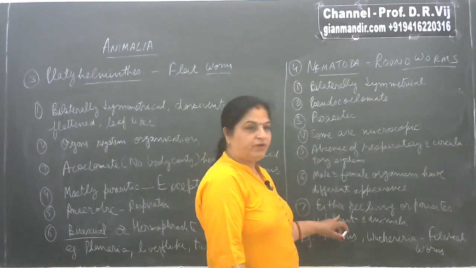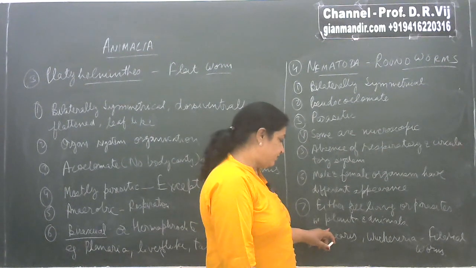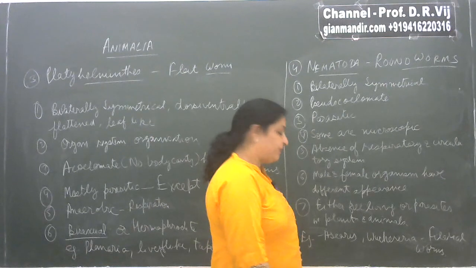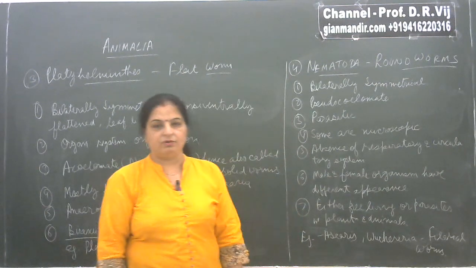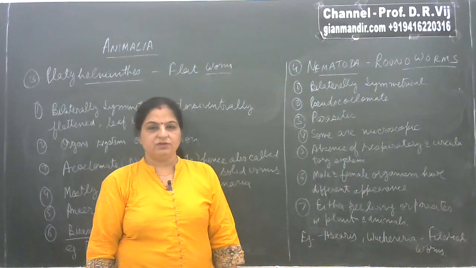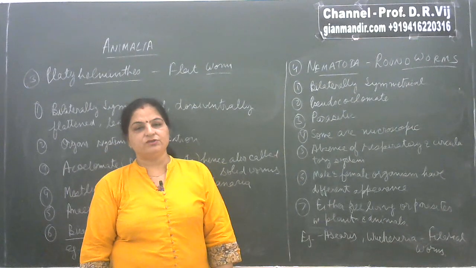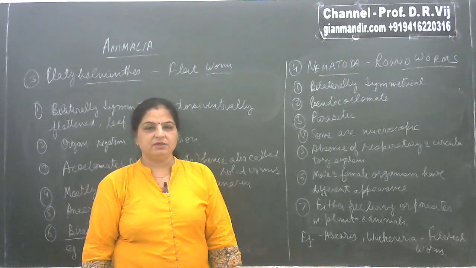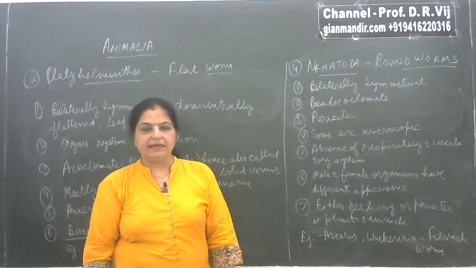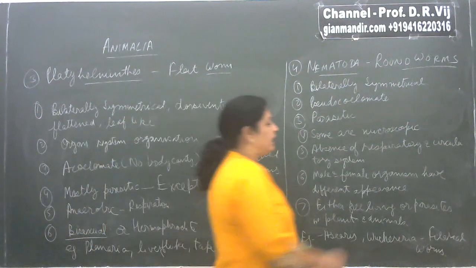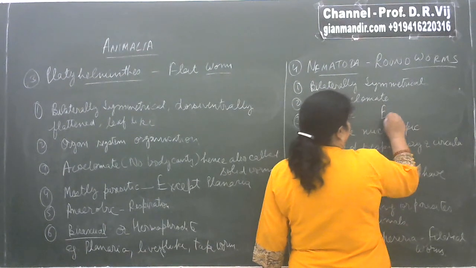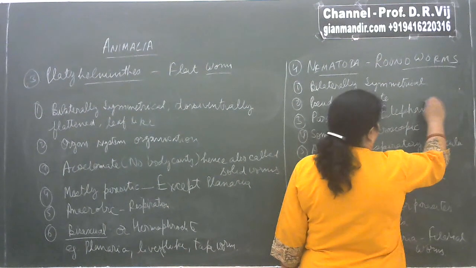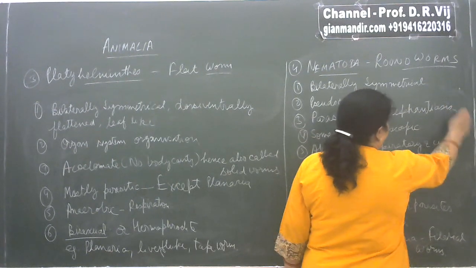So they have different appearance in males and females. Some of them are free living, whereas some are parasitic in plants and animals. The common examples are Ascaris, commonly known as roundworm, and Wuchereria, which is also known as filarial worms, as it is responsible for the disease called filaria, or elephantiasis.